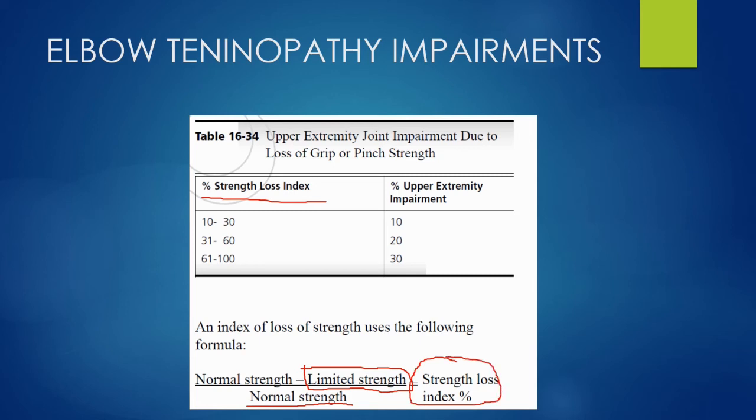And then the AMA Guides are going to provide for increasing impairment for increasing loss of strength.